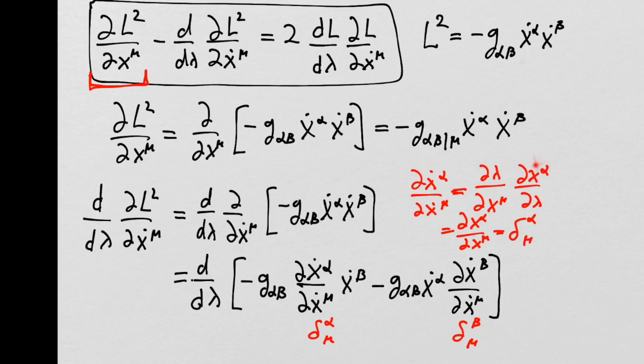It's the partial derivative of x alpha with respect to lambda, and the partial derivative of x mu with respect to lambda. You're really pulling this guy out front, and these two will end up canceling, giving you the partial derivative of x alpha over x mu, which is the delta function.